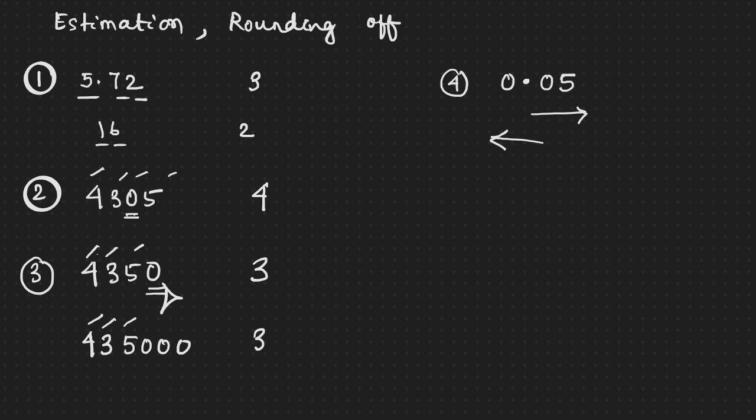That means in this particular number, this zero is not significant, and this zero is not significant. Only this one is the significant digit. So only one significant digit.